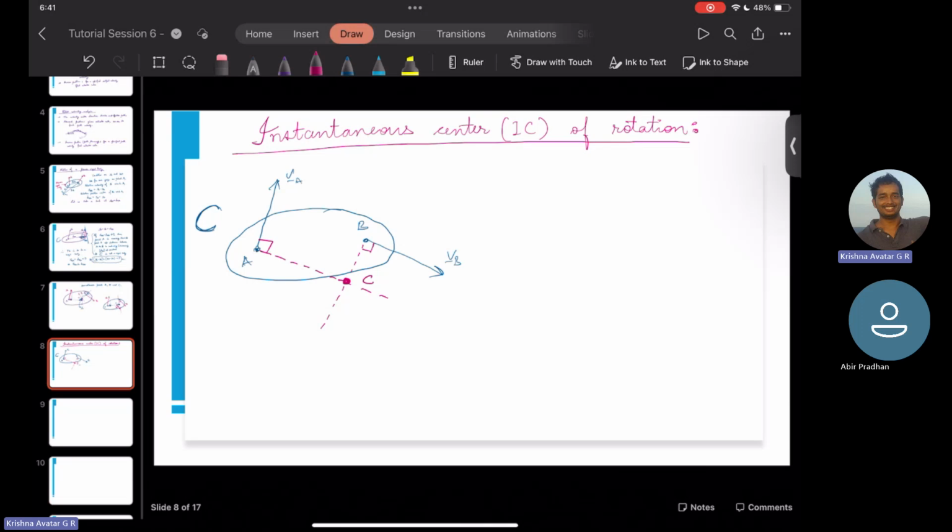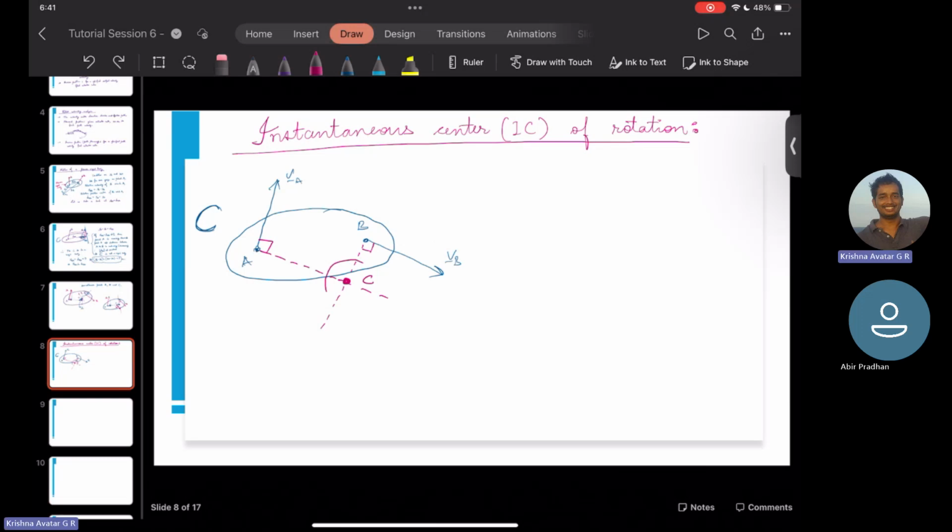Sorry. And if it's outside the body, then of course we cannot say how a point outside of the body can have any velocity, right? So how we say it is, it would seem that this entire body is rotating about that particular point. So it would seem as if the body is rotating.